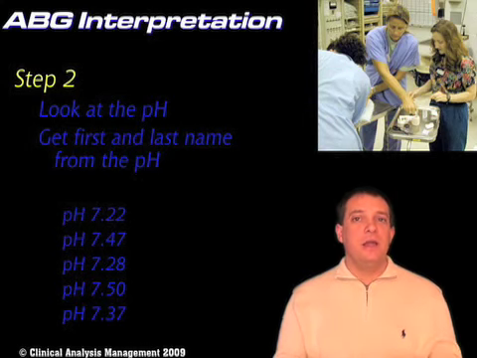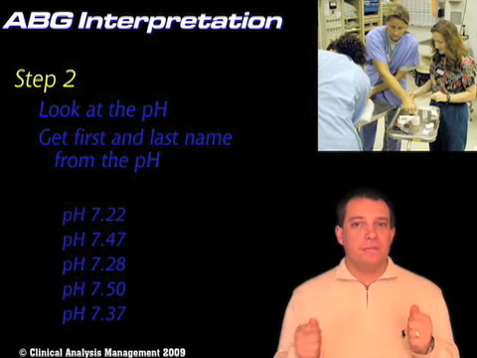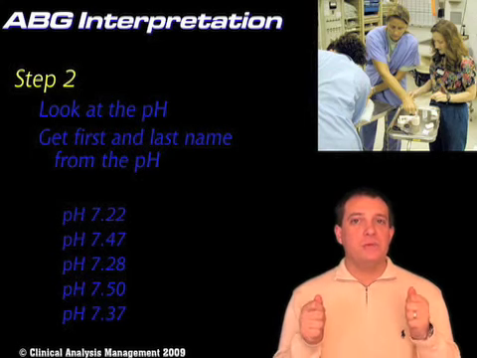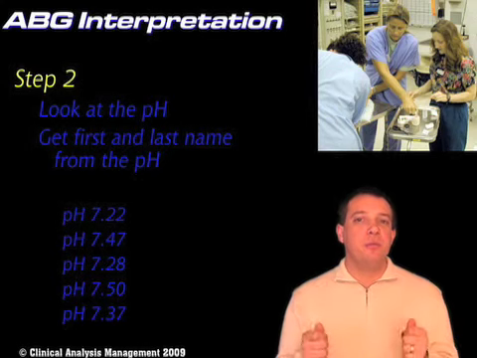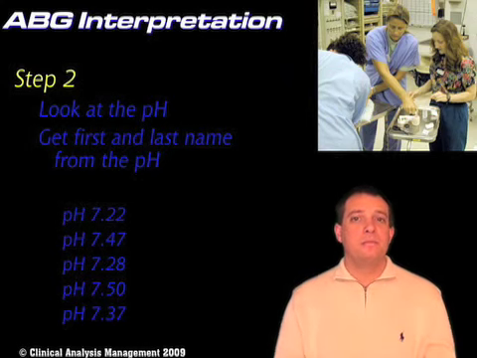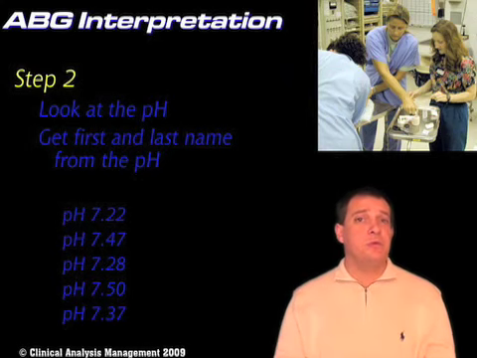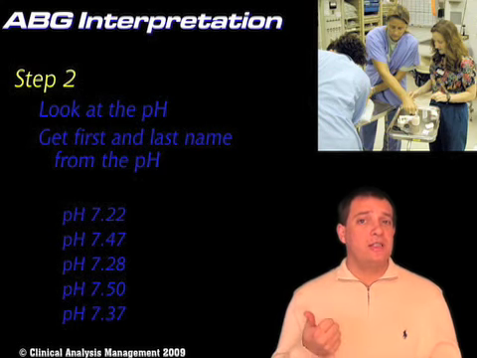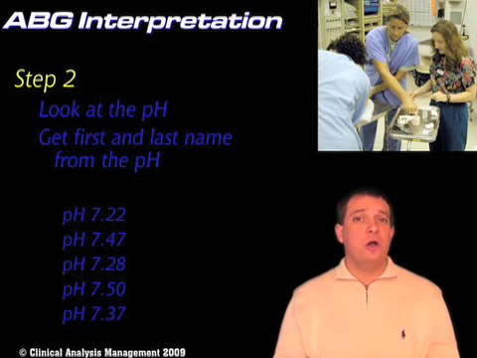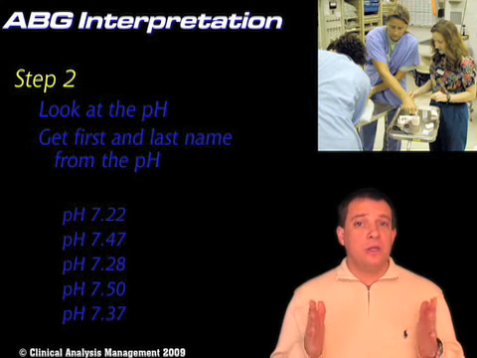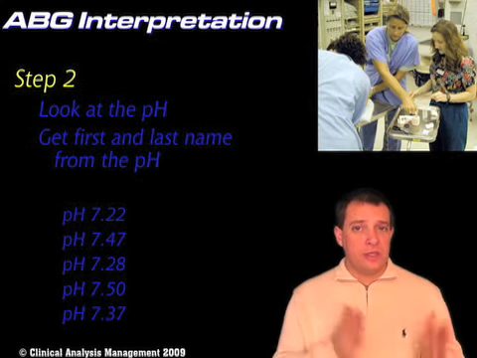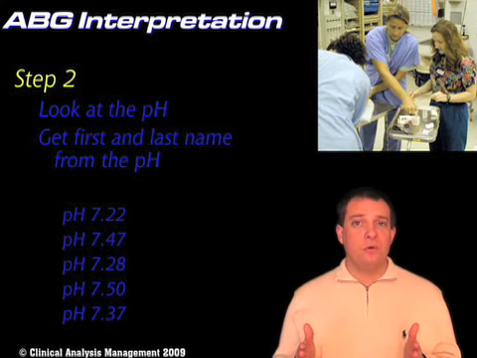I'll say that again. If we look at the pH and the pH is between 7.35 and 7.45, then the first name is compensated. Now, we also said that just from looking at the pH, we were going to get the last name. And remember, when we talked about last names, we said we had two choices. We had acidosis or alkalosis. So how do we figure that out? Well, it's really simple. What sits between 7.35 and 7.45?